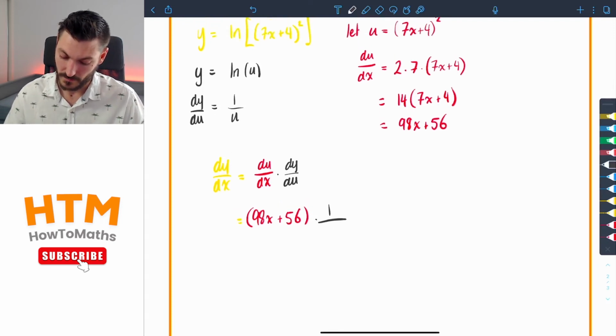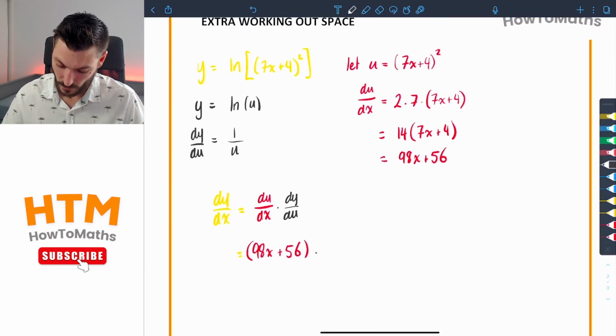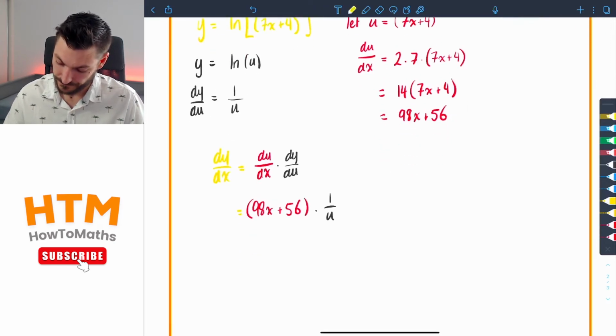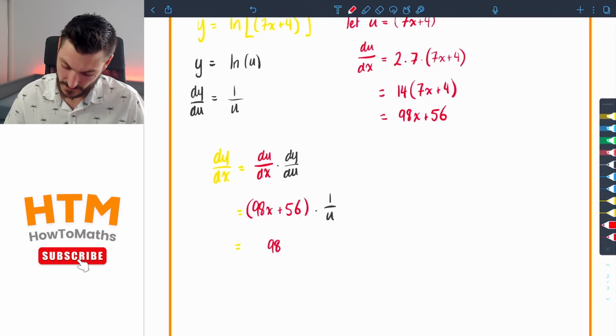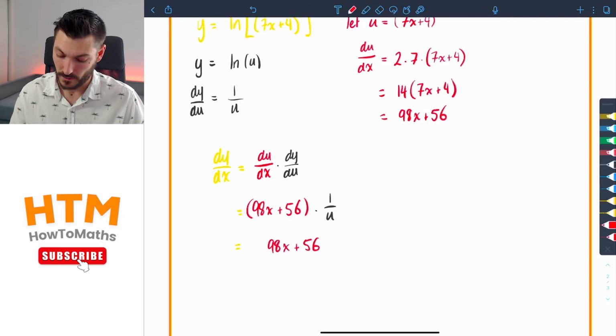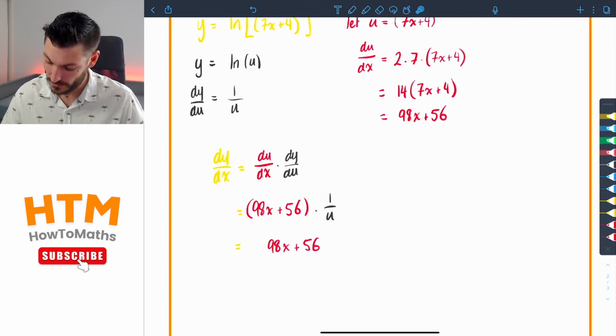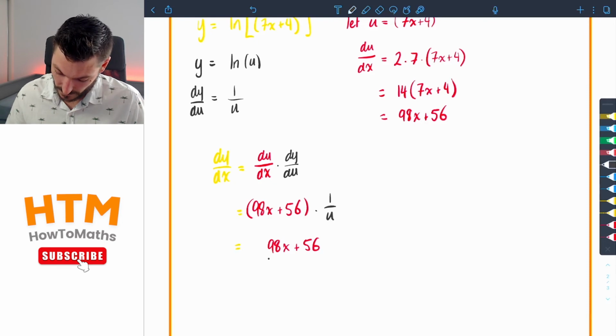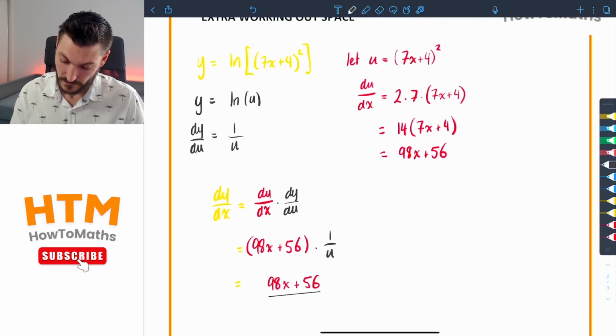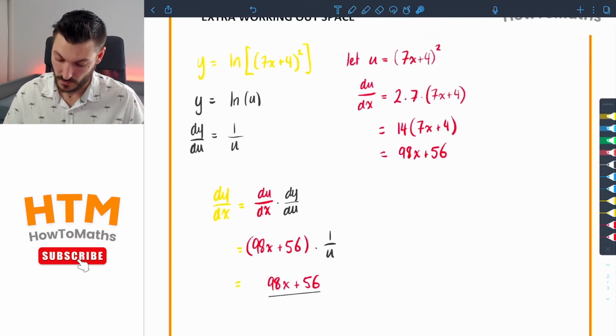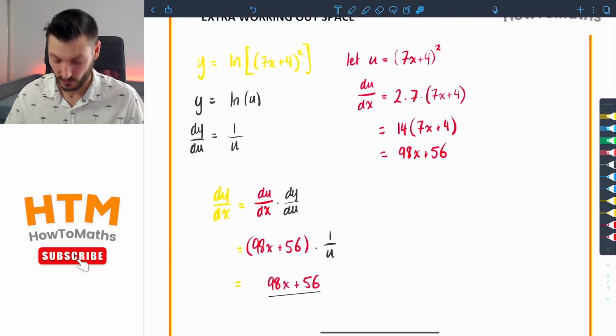Now 1 on u, I'll write 1 on u and we'll do an extra line, which is going to equal 98x plus 56. Now I've multiplied that by the 1. So this 98x plus 56 times by the 1 just goes to the numerator, all divided by the u variable here, which is (7x plus 4) all squared.